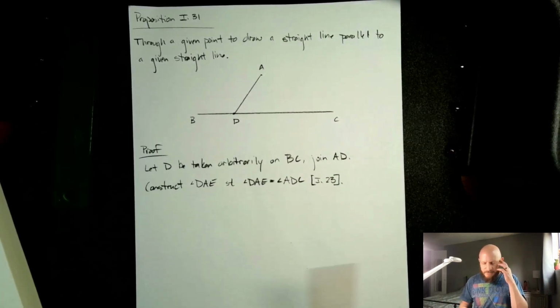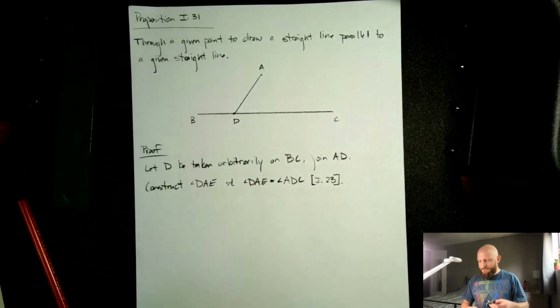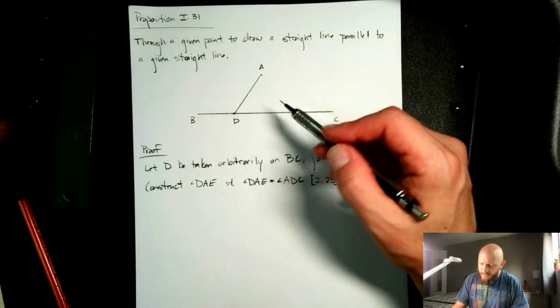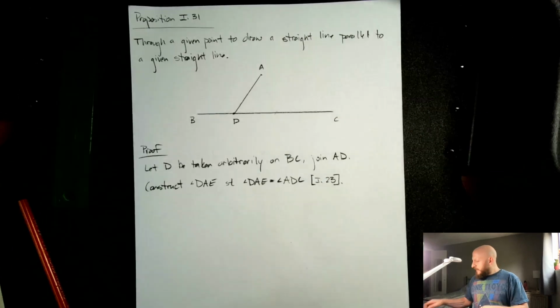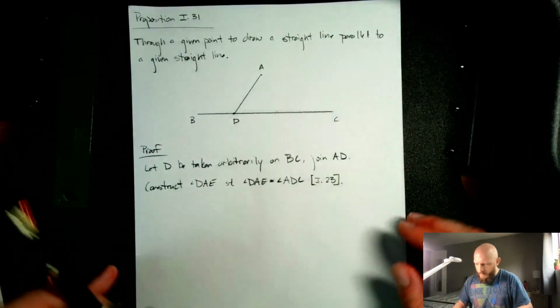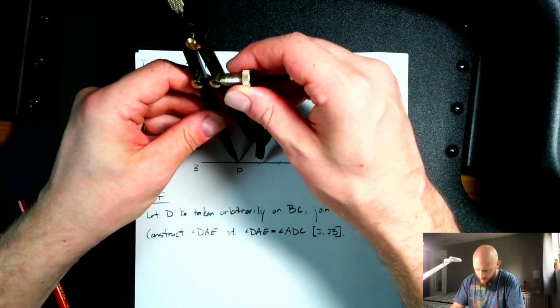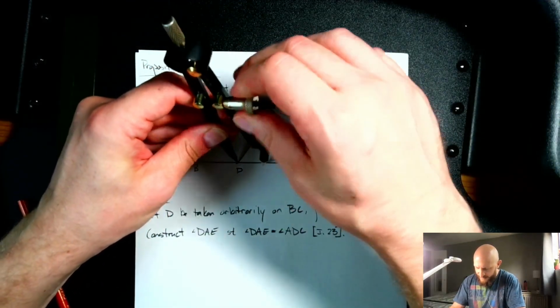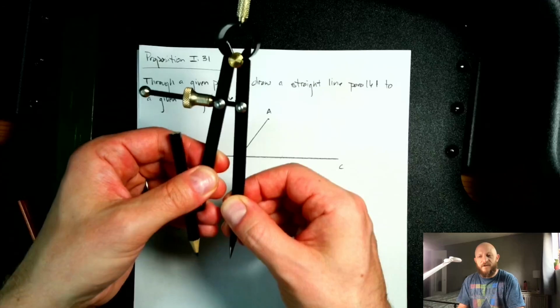Let's do that. Because I want to make this somewhat precise, I'll make a little faint line here. How do I want to do this? Look at this nice fancy compass that I got. It's very legit.